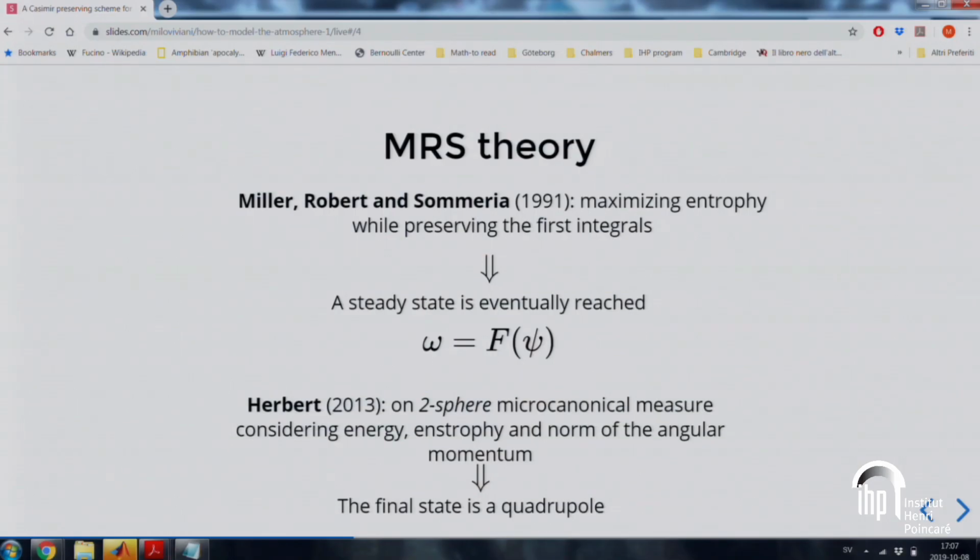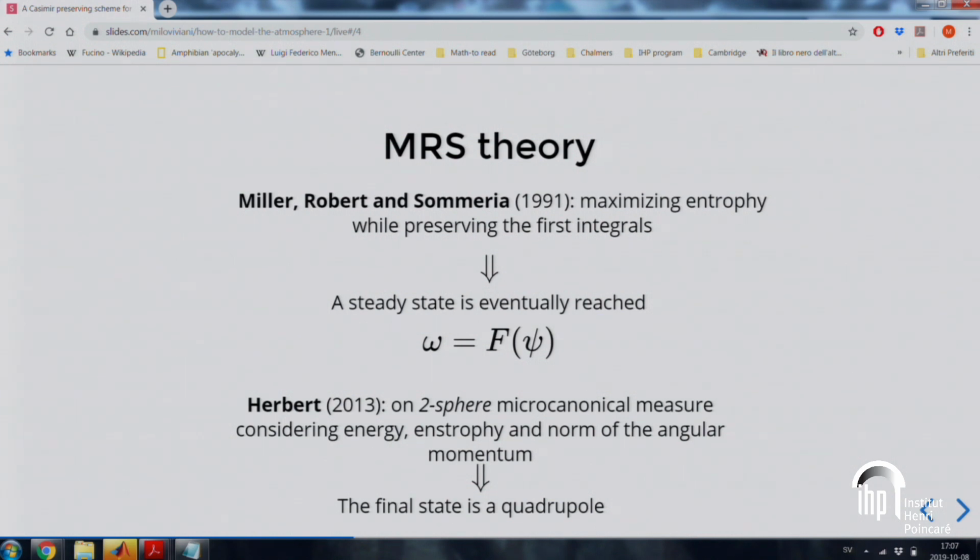In particular, in 1991 and around that period, '92, '93, Miller, Robert, and Sommeria created the so-called MRS theory, which is a statistical mechanics theory, which says that by maximizing entropy while preserving first integrals, we will reach a final steady state for the vorticity.